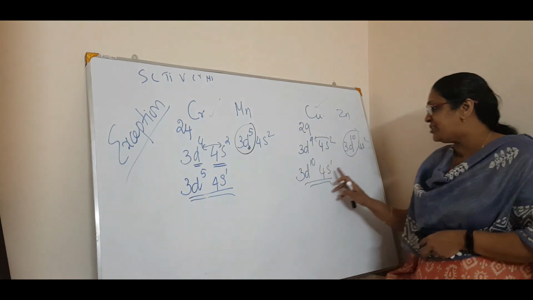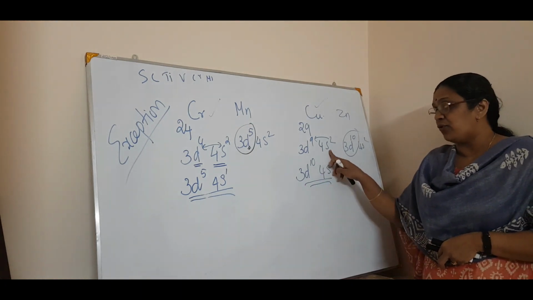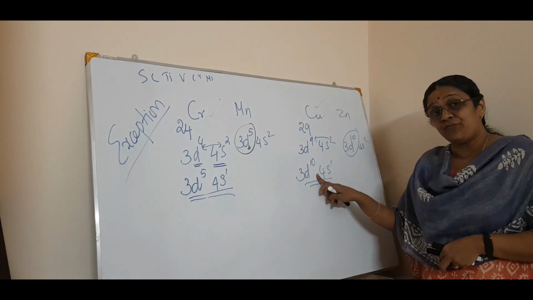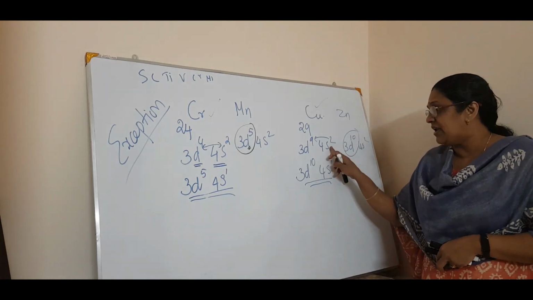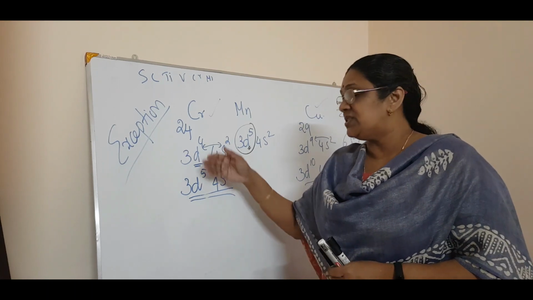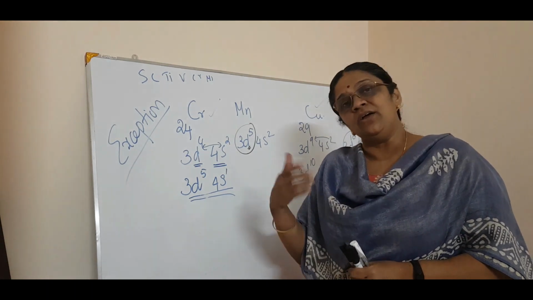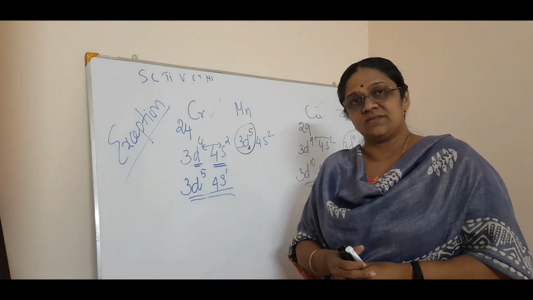The same logic applies here, that is d9 and 4s2. In order to attain a full-filled stability, one electron will jump into the d orbital. So this is all about the extra stability of half-filled and full-filled electrons.